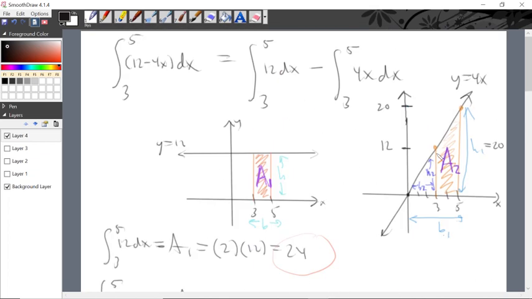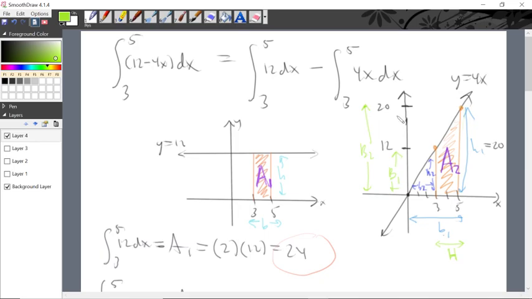For the trapezoid, B1 is going to be this measure right here, this height. B2 is going to be this, which I was calling the height of this other triangle. And then H is going to be this distance right here, the height of the trapezoid.